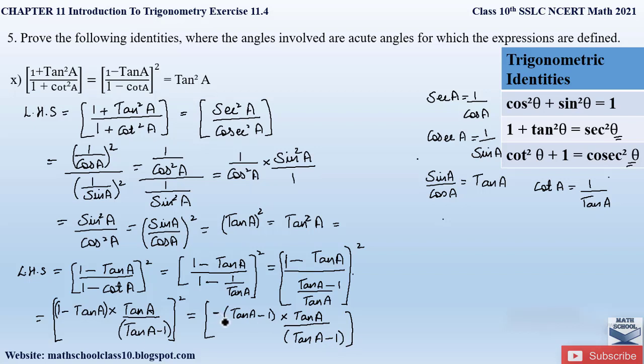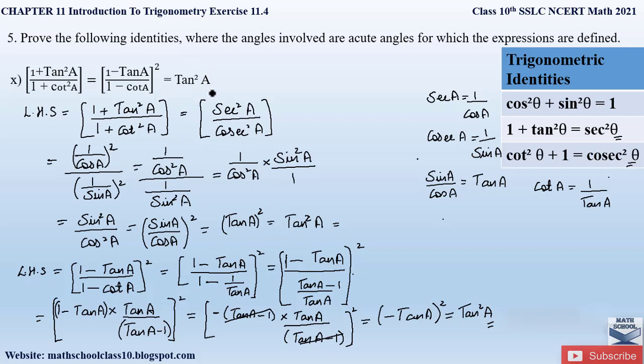Now we can cancel tan A minus 1 and tan A minus 1. So you will be left with minus tan A the whole square. Minus into minus becomes plus, squaring of minus becomes plus, and tan A the whole square becomes tan square A.